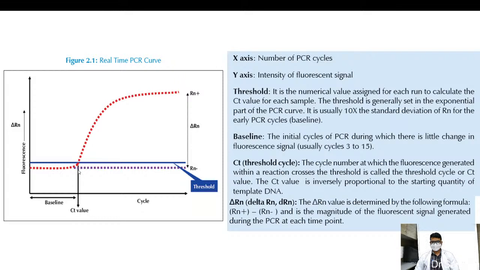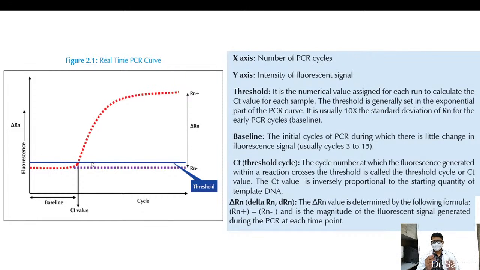So where to apply this? If you have a sample suspected of a virus and the viral load is very low, then the CT value will be high. If the viral load is high in the sample, the CT value will be low.